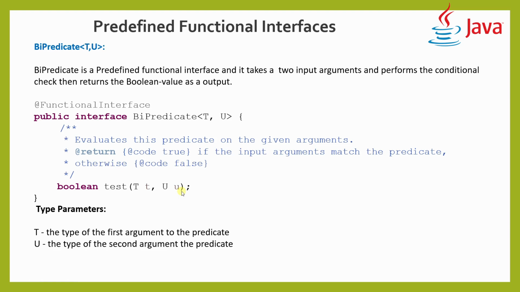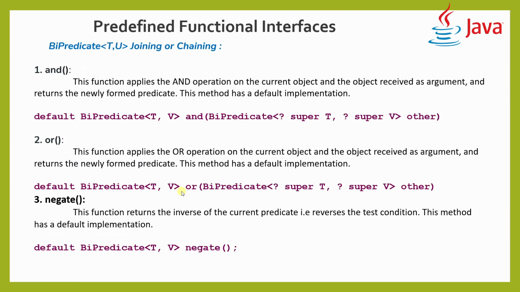As you know, Predicate has predicate joining, and BiPredicate also has predicate joining or predicate chaining. Like Predicate, it also has the and, or and negate operations. The and function applies an AND operation on the current object and the other value you have given.